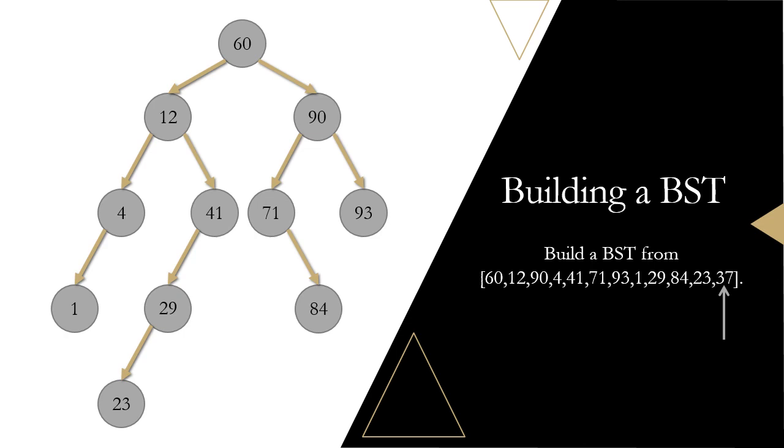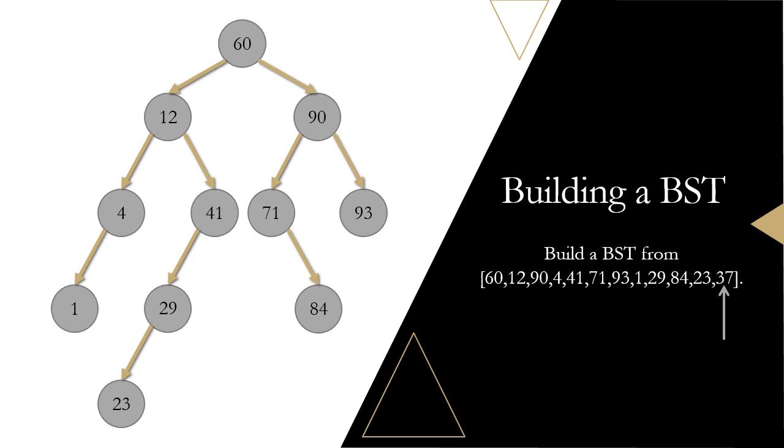The last number is 37. Start comparison with the root. 37 is less than 60. So we move to the left and we come to 12. It is greater than 12. So we move to the right and come to 41. It is less than 41.